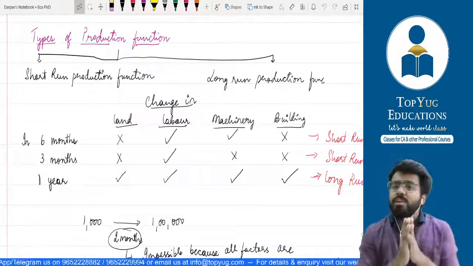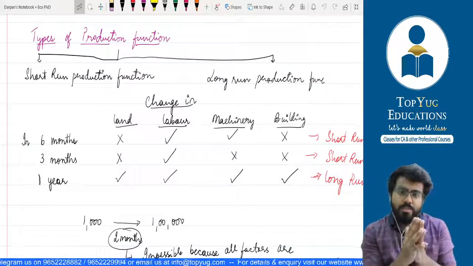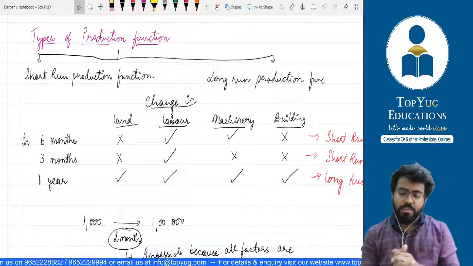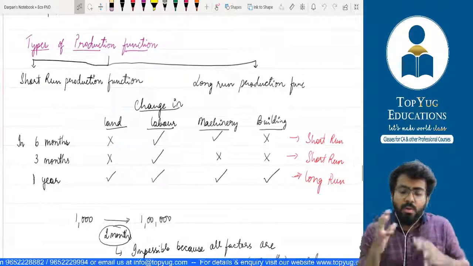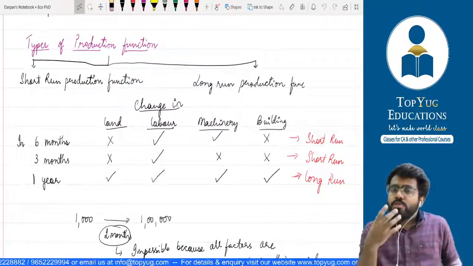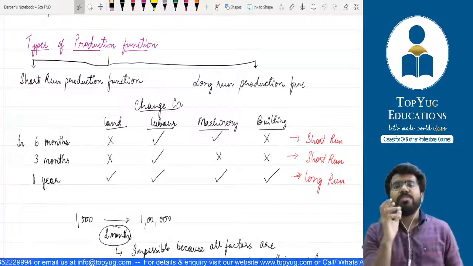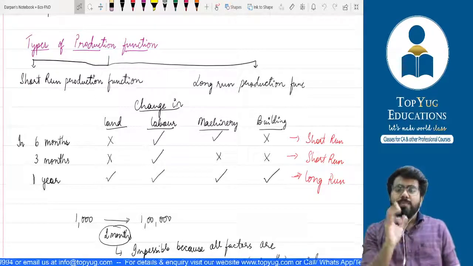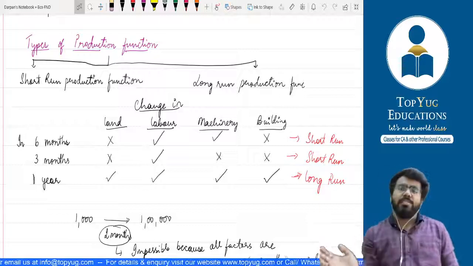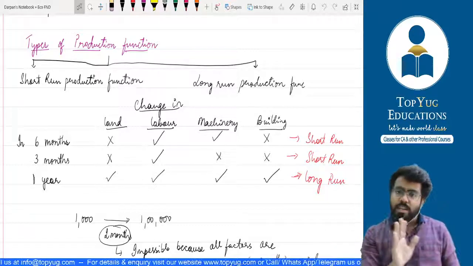Now this is important to understand: what is short run production function and what is long run production function. So to tell you again, what is short run production function? Short run is a time period in which at least one of the factors is fixed. That means I cannot change all the factors. All the factors are not variable.